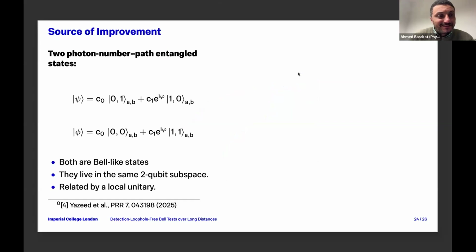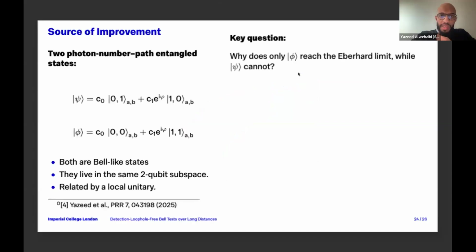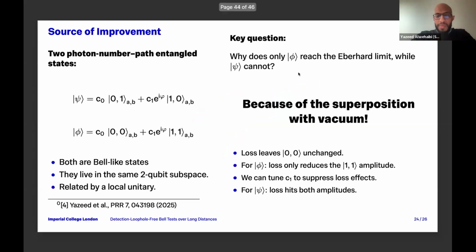Now, the remaining question is why the single photon path entangled state cannot reach the limit, while our state, the |00> plus |1> can. Mainly the reason is because of the superposition with vacuum. The single photon path entangled state has one photon.